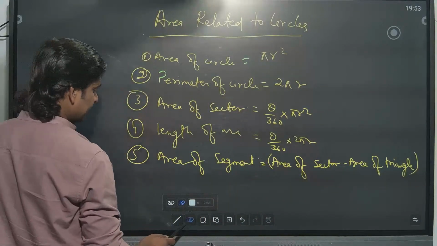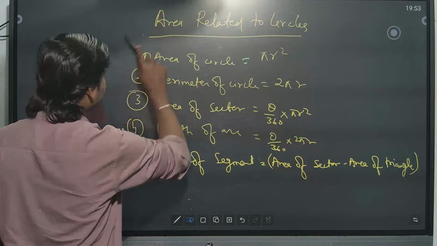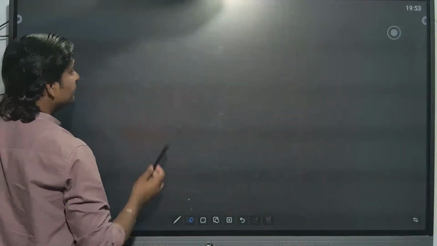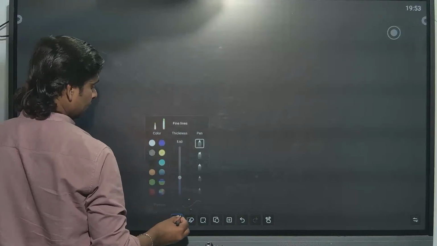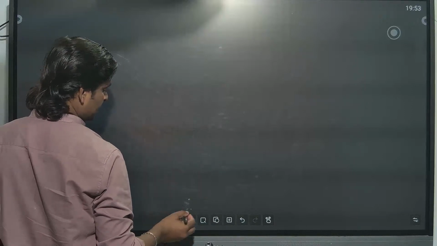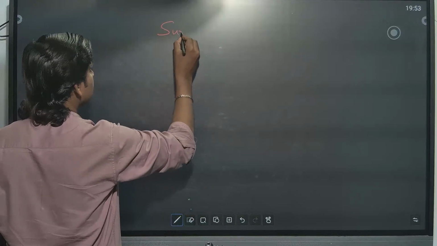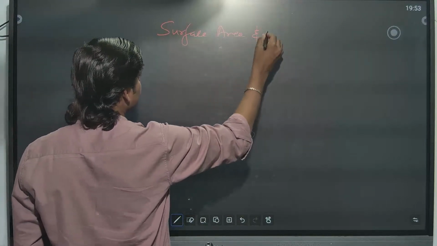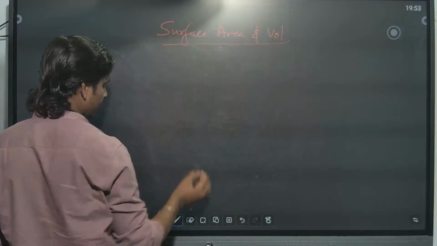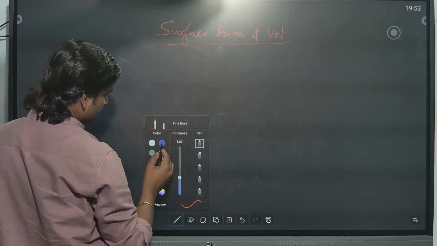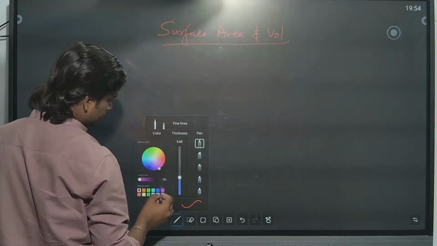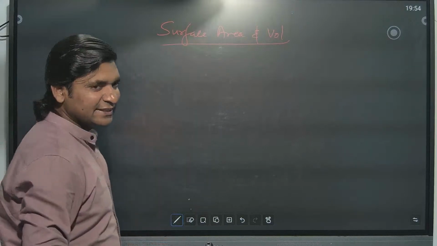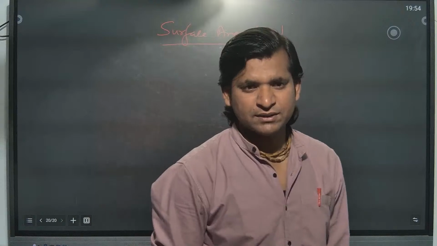After this, the next chapter is a very important chapter, surface area and volume. Surface area and volume is a very important chapter.